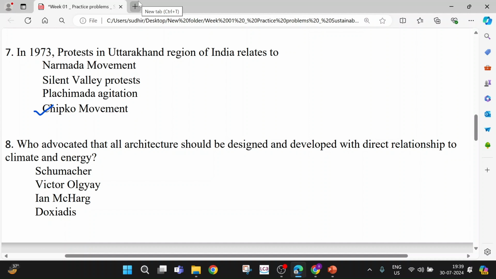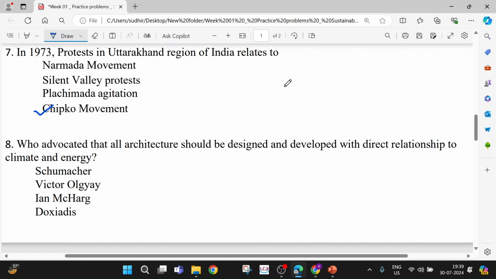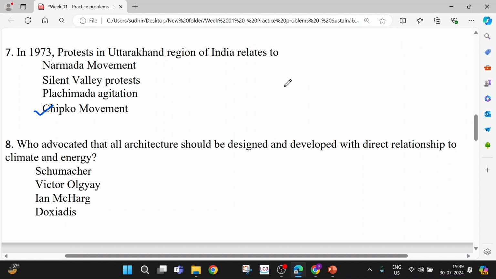So Victor Olgyay will be the right answer for this question. Is it fine, Gayatri? Or do you need some more explanation? Okay, so fine. Then we can move to question number 9.